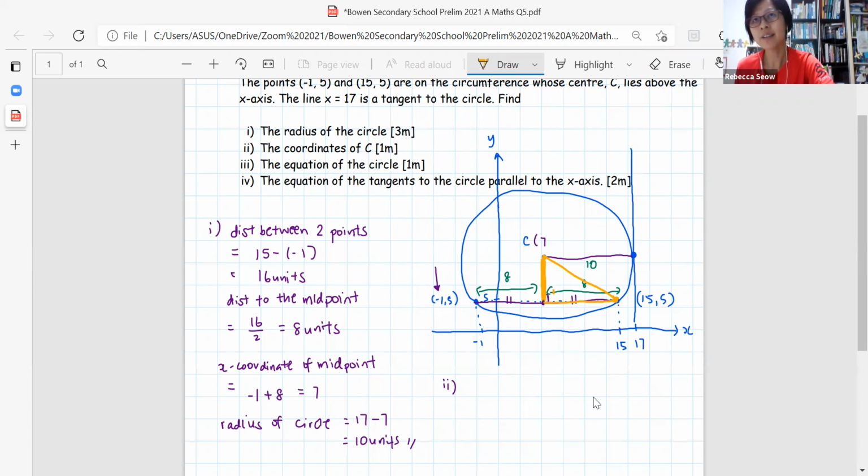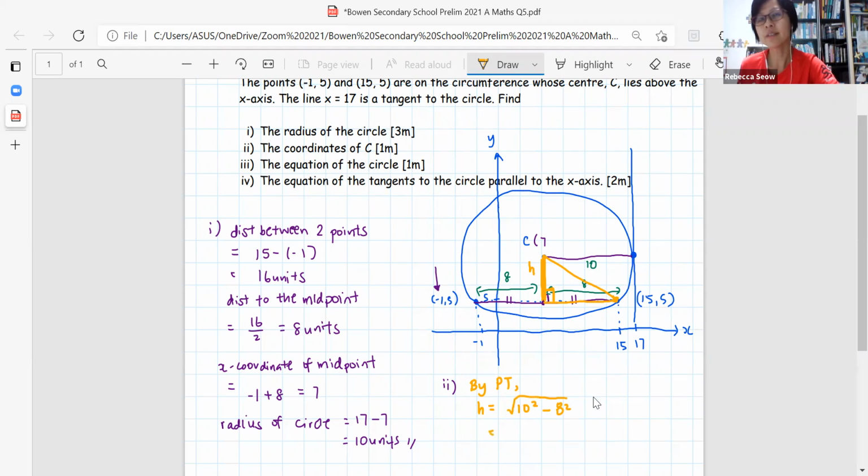Now take note that we have a right angle, so by Pythagoras theorem, we should be able to get the answer. Let me label this as h. By Pythagoras theorem, h is equal to the square root of 10 squared minus 8 squared.